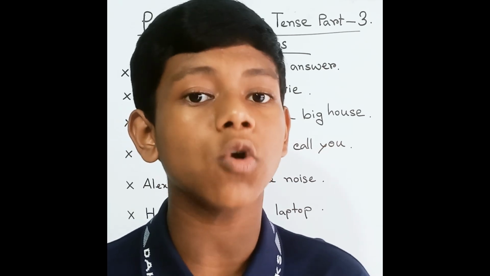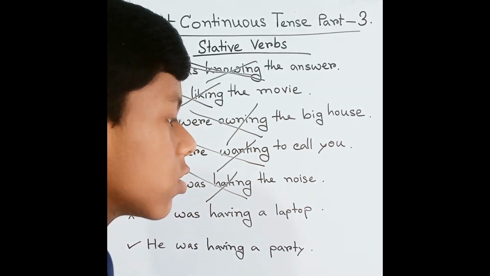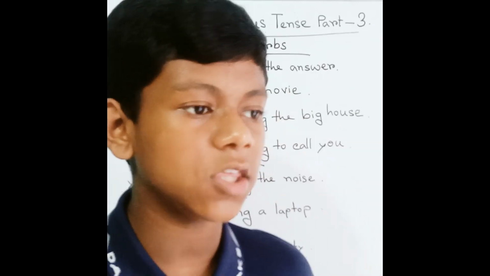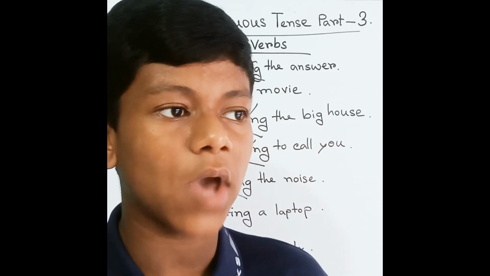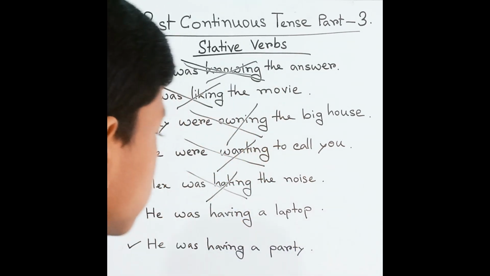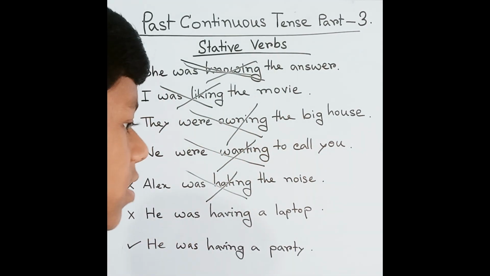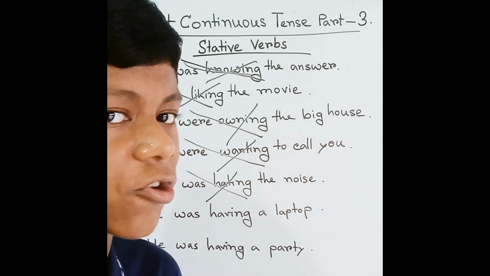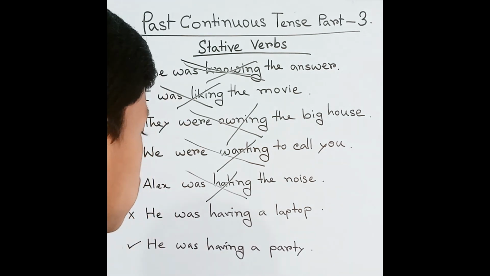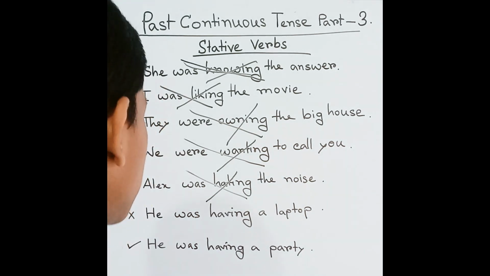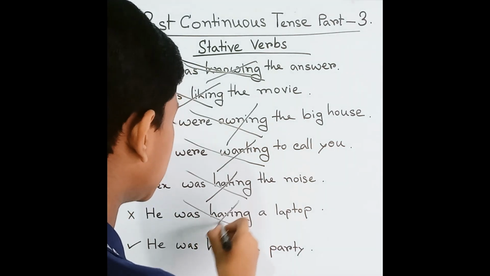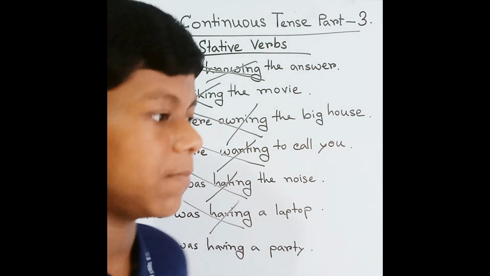It describes your ownership, your possession, your special things, something with properties. So we can't use it in the continuous form here. It will be wrong with the stative verb.